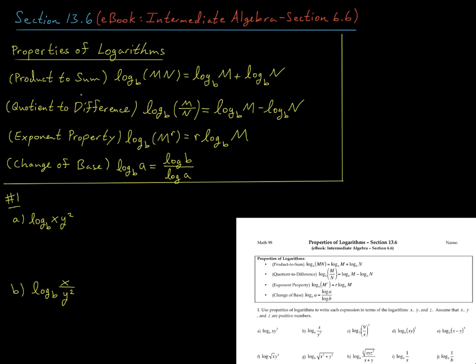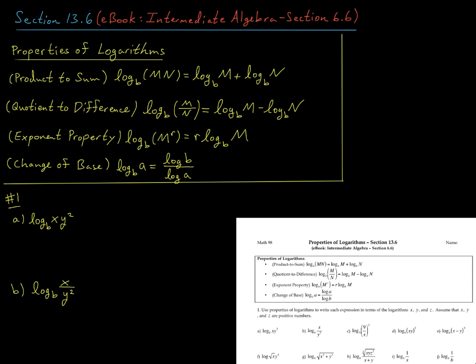All right, so first property here is what's known as the product to sum property for logarithms. It says that if I take the log of the product of two quantities, m and n, so I have m times n inside the logarithm, I can split that up as the sum of these logarithms of just m and n, hence the name product to sum.